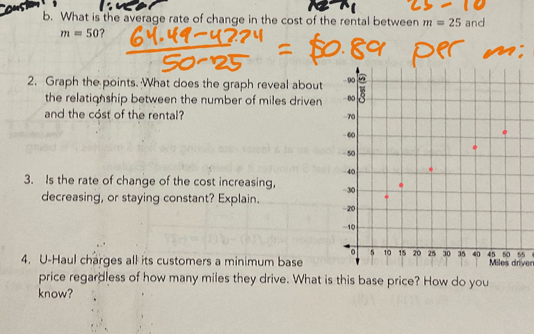All right. So, what is that? Oh my goodness. Who would have known? So the second part of the question: What does the graph reveal about the relationship between the number of miles driven and the cost of the rental?